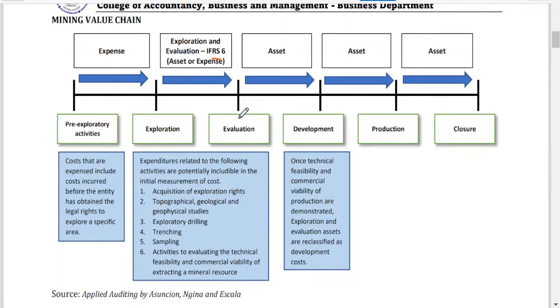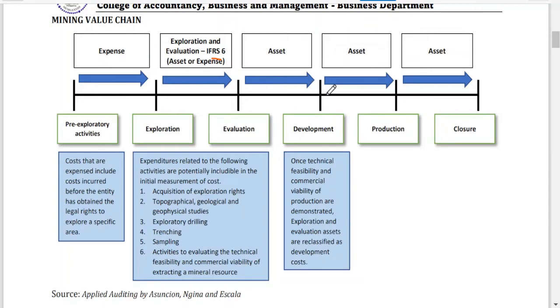That's why asset or expense. From the evaluation, we will go to the next. So if we already have the data or the information on what we can extract, the probable number of units that we can obtain from the property, then we will start developing the area. When there is already technical feasibility and commercial viability, exploration and evaluation assets are classified as development costs.